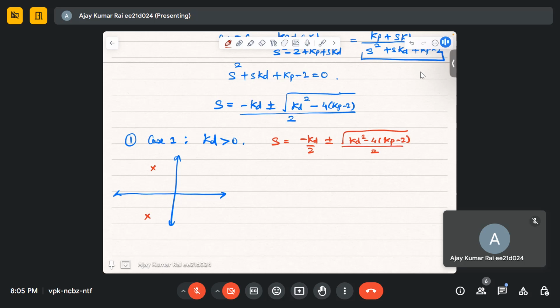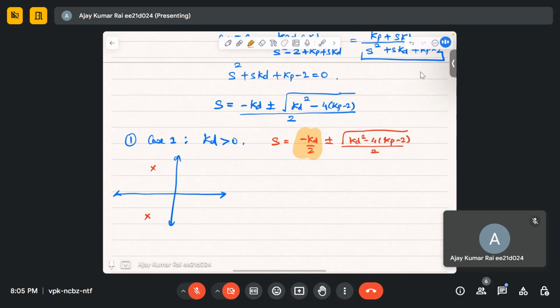Since Kd is greater than 0, this part is negative. You can say Kd as 4, so minus 4 by 2 is minus 2, negative real. That's why I want this second part to be imaginary, so I'll get the poles like this that I have drawn.